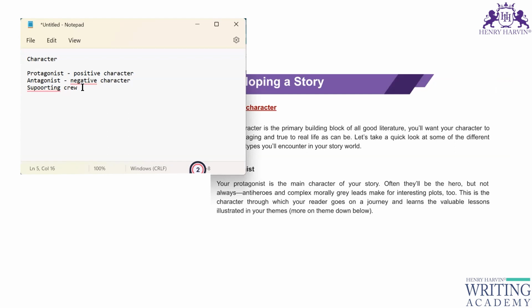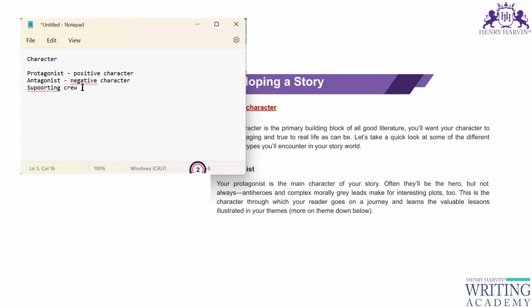Suppose a character is there and we are talking about their parents, so we will give detailed versions of their parents also. Maybe they have friends, so a bit of life about the friends also. We will talk about their personality, their life, how they are behaving with the protagonist. So this is called a novel.